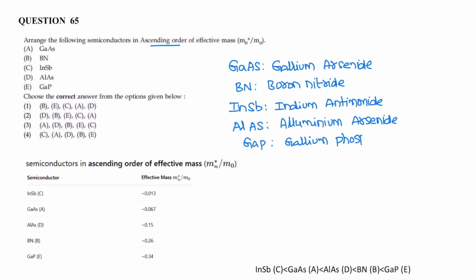So for these cases, the increasing order of effective masses is InSb 0.013, gallium arsenide 0.067, aluminum arsenide, boron nitride, and gallium phosphide. So for gallium phosphide, it is highest. Correct option is CADBE. Option 4 is correct.